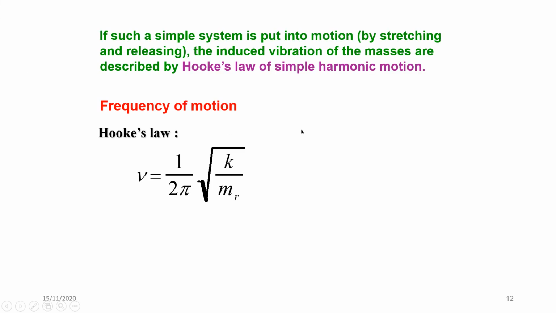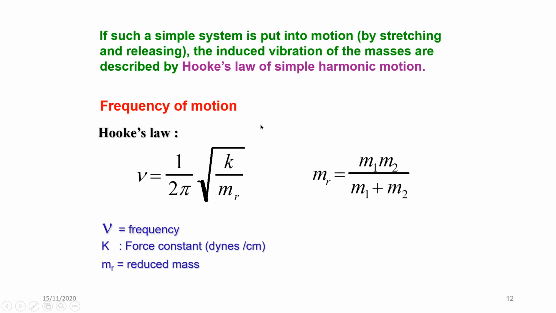And this absorption of radiation by the molecule is governed by Hooke's law, because the vibrating diatomic molecule can be visualized as a simple harmonic oscillator, and Hooke's law can be applied for that simple harmonic motion.